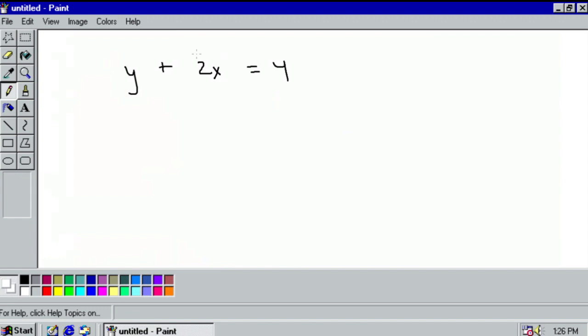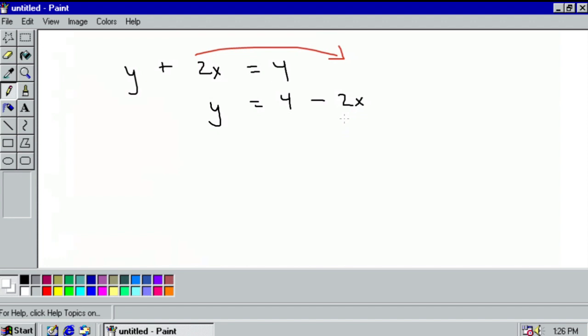We need to change sides, so it will change from the left side to the right side. When we move it to the right side, we need to change the sign. So that will become y is equal to 4 minus 2x. So this is the value of y.